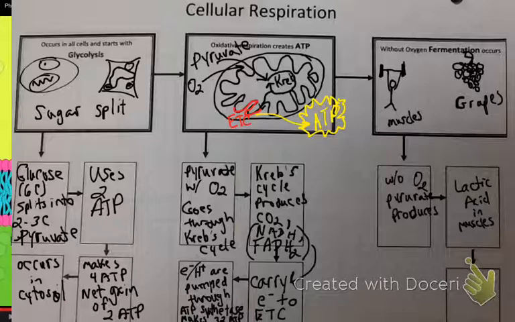So pyruvate either produces lactic acid if it's in muscles, or it'll make what's called ethyl alcohol and CO2. So if there's no oxygen, pyruvate produces either lactic acid in our muscles, or if you're yeast, ethyl alcohol. Bacteria produce lactic acid as well. And ethyl alcohol is what makes alcohol, the wine.